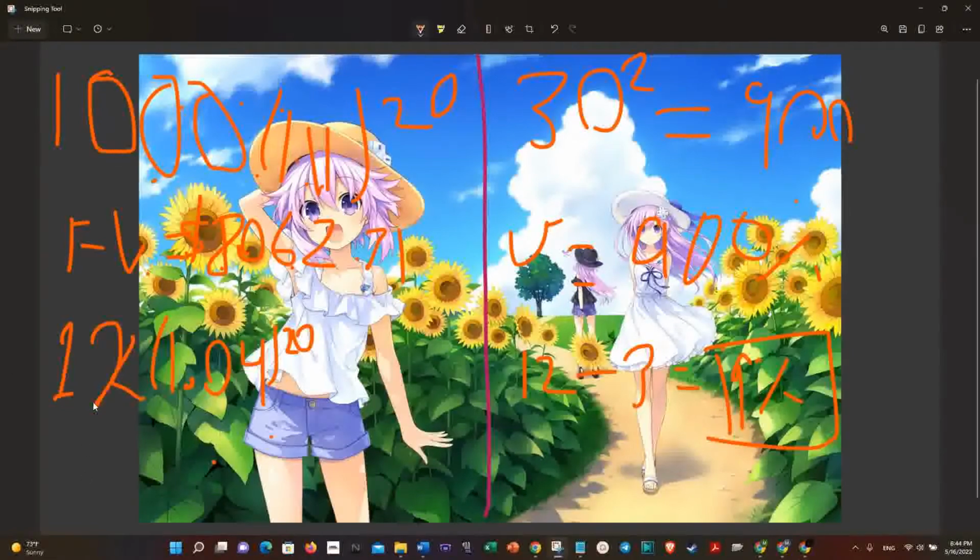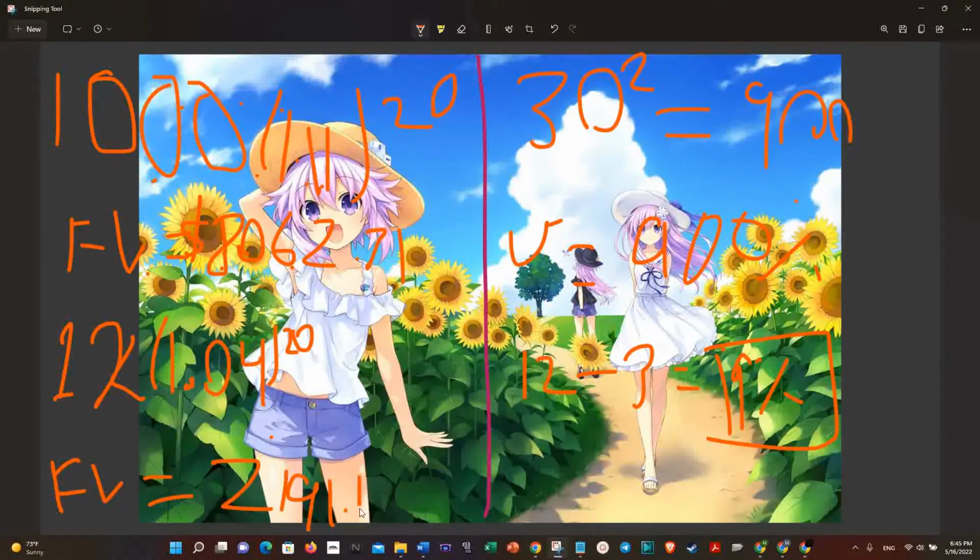So it'd be 1,000 multiplied by 1.04, and the reason it's 1.04 is because 4% is what you get in real terms. The 20 is after 20 years, and from here you get your FV is equal to 2,191.12.